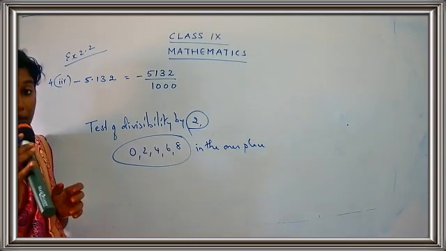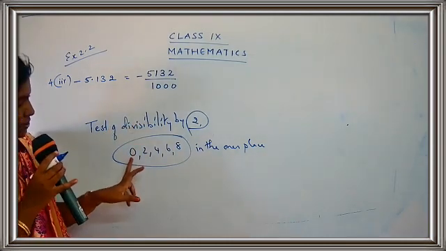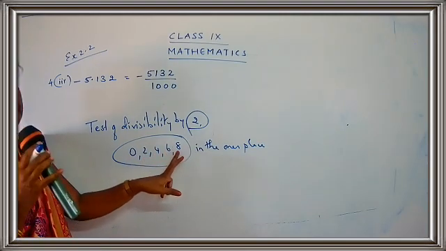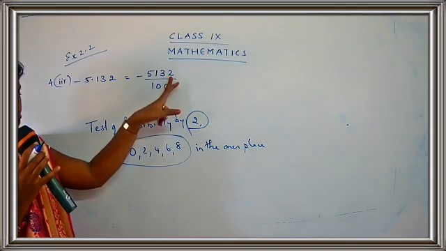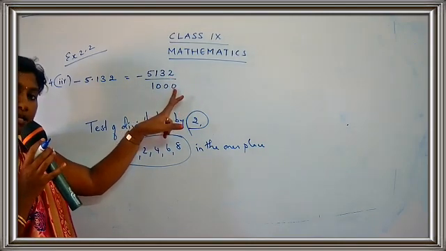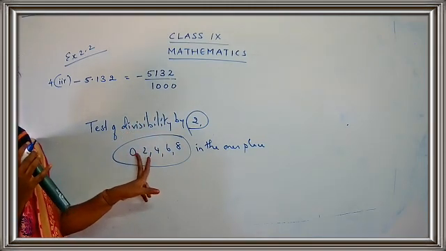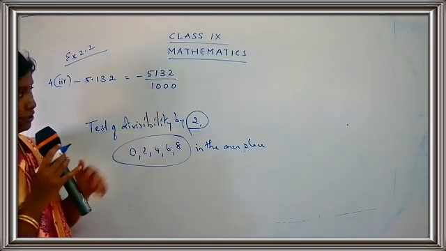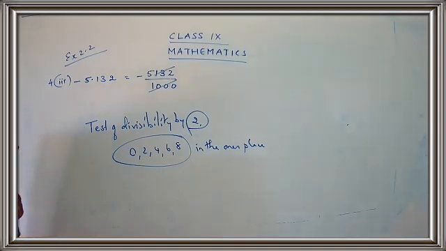So 0, 2, 4, 6, 8 should be present in the ones place. Now here what is the number present in the ones place? 2. What is the number present here? 0. Yes, so we have the condition. So we can divide this number by 2 and also this number by 2. So let's divide by 2. What do you get when you divide by 2, children?